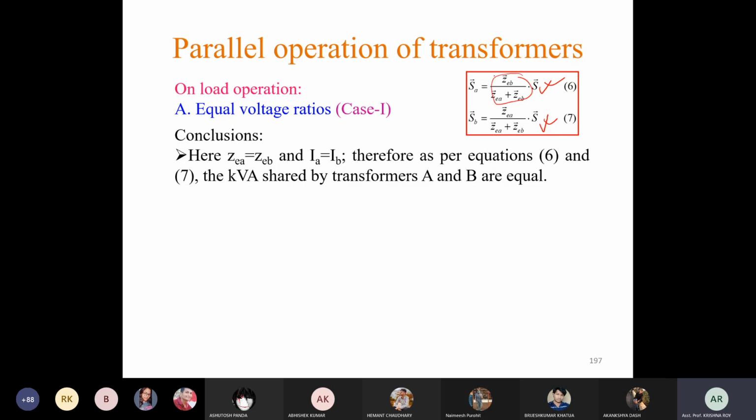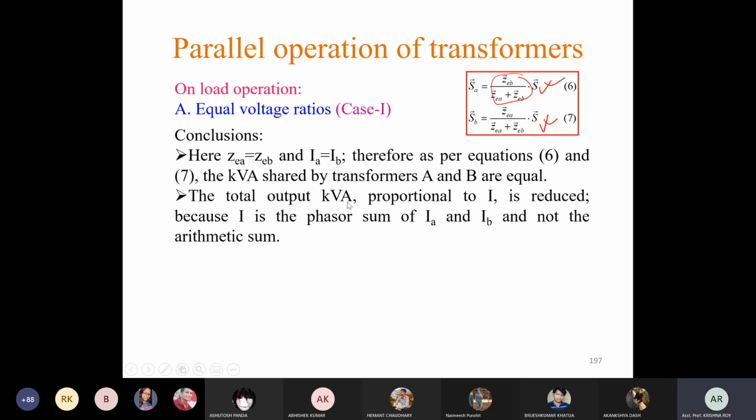So this ratio becomes 1 by 2, so SA equals SB. The total load will be shared equally by the two transformers. The total output KVA proportional to I is reduced because I is the phasor sum of IA and IB and not the arithmetic sum. So what is the meaning of this?